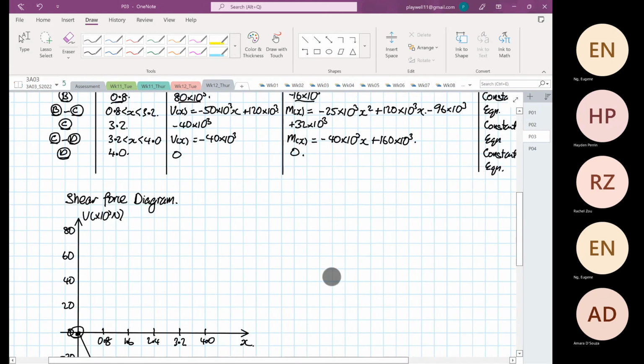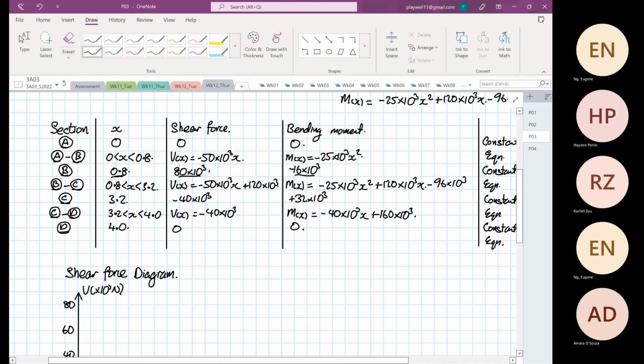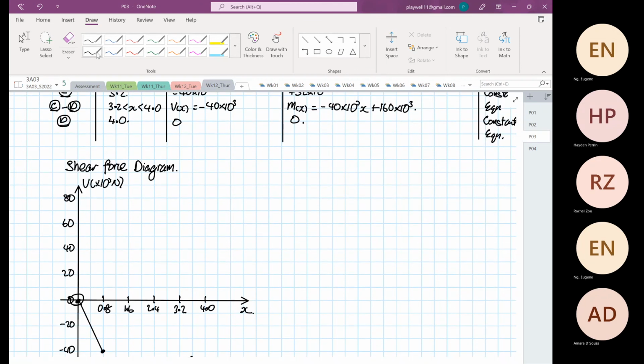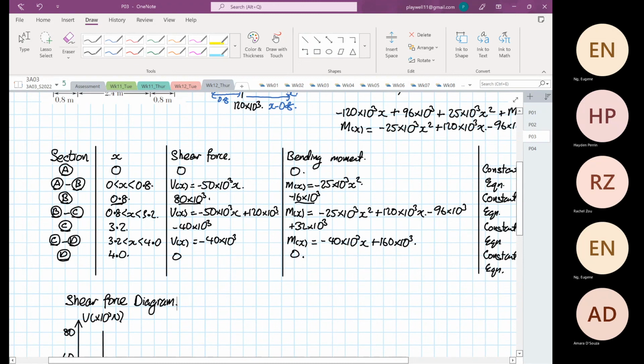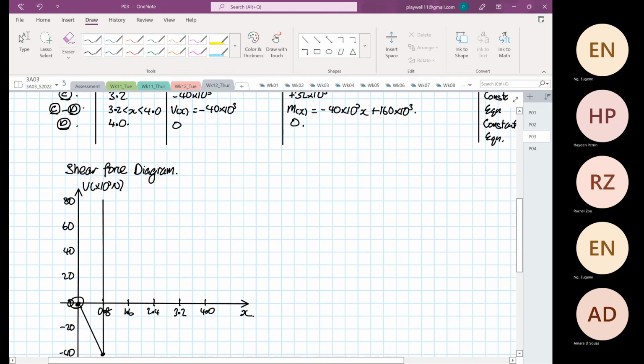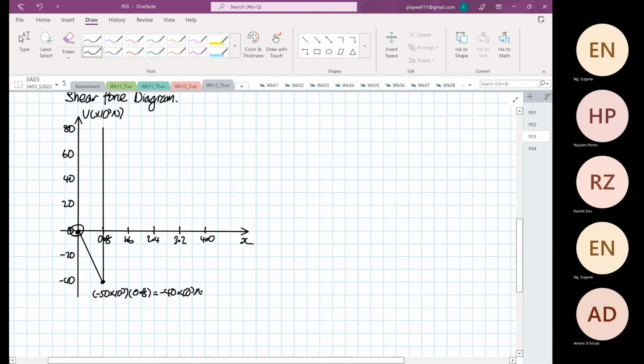And then exactly at point B, we jump up to 80. So it goes straight up to 80. That's why when we divide our section, we have to divide at point A to B, point B, B to C, point C, C to D, D. If I've not done point B, you will not know that this is equal to positive 80, because the function from A to B gives minus 40 here.